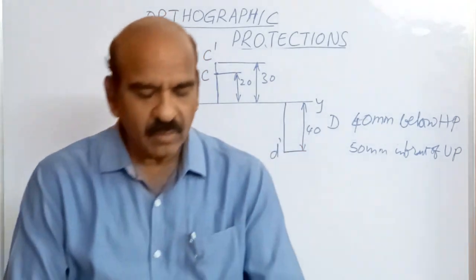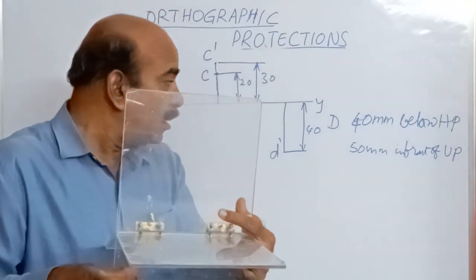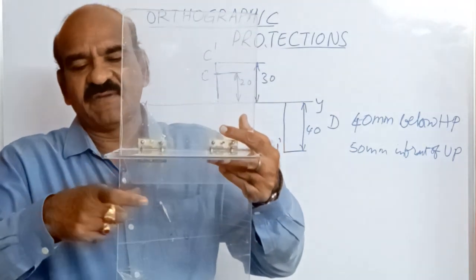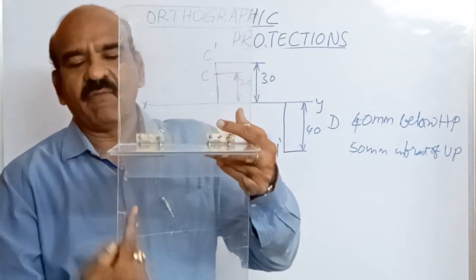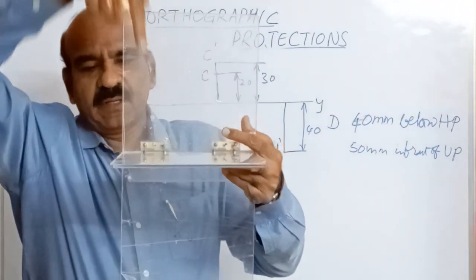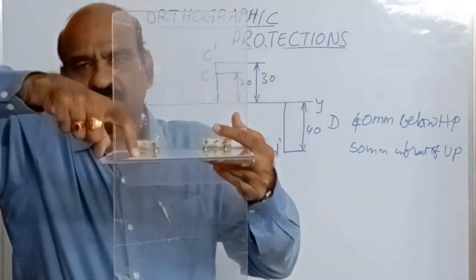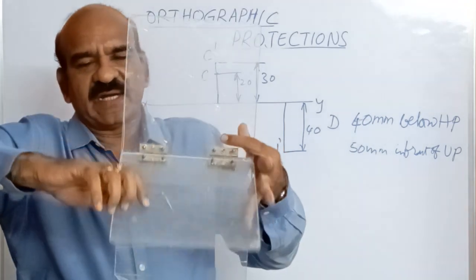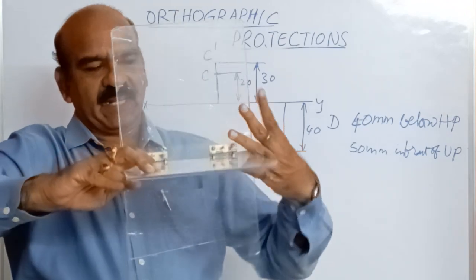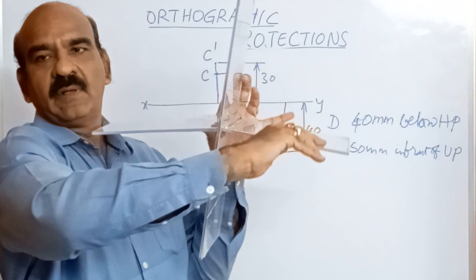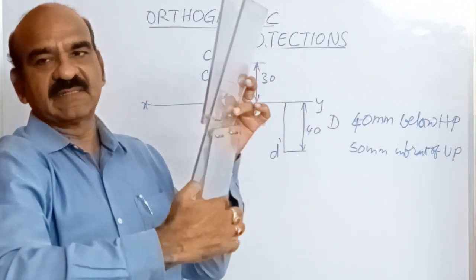Okay. Now 50 mm in front of VP. This distance is 50 mm. When you see this from the top, at a distance of 50 mm, you see the projection here on the horizontal plane. Rotate this entire horizontal plane, like this.